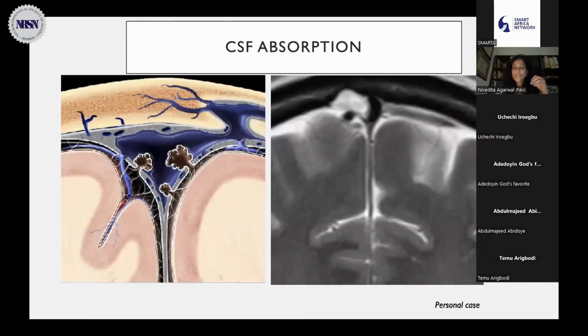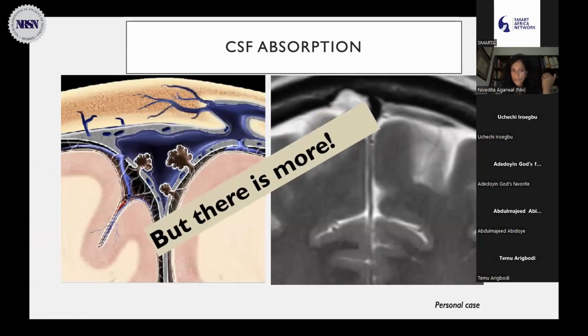So going back to CSF absorption, we understand that it's arachnoid granulations, but CSF is also being absorbed at the level of meningeal lymphatics, at the level of the cribriform plate, nasal lymphatics, etc. So there is more to what our textbooks currently are telling us.